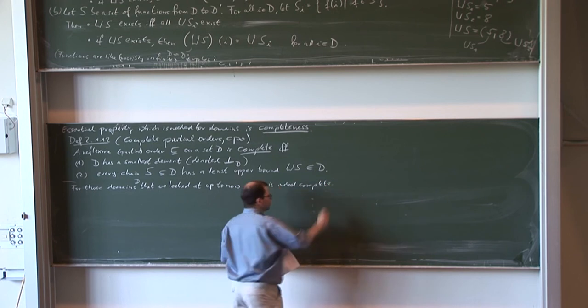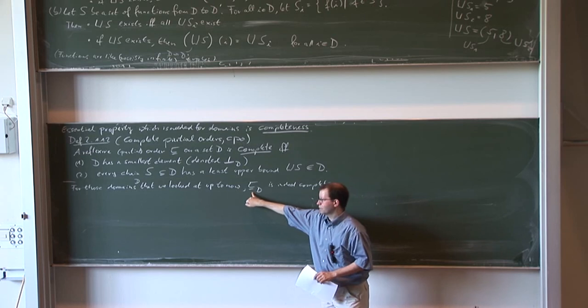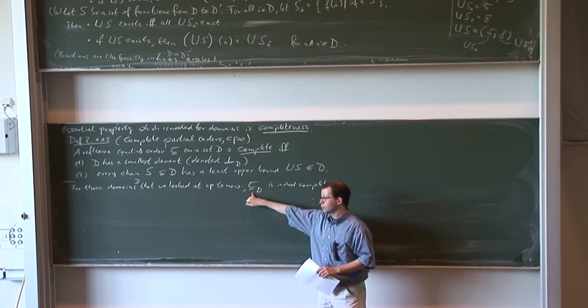And in fact, a set is only called a domain if this less defined or equal relation is complete. Otherwise, we would not call it a domain.